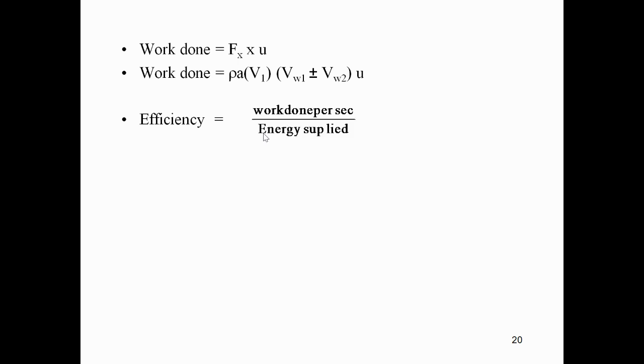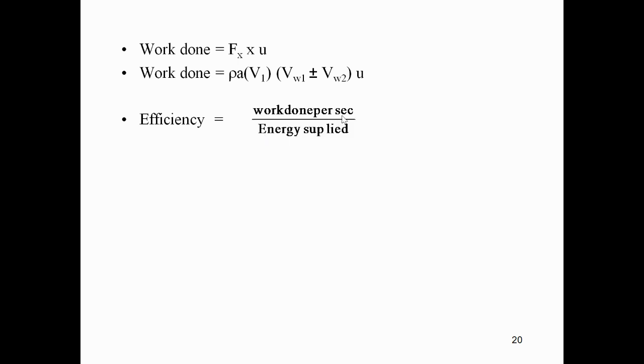Work done is equal to Fx into u, which is a well known formula for you. So work done is rho A V1 into (Vw1 plus or minus Vw2) into u.